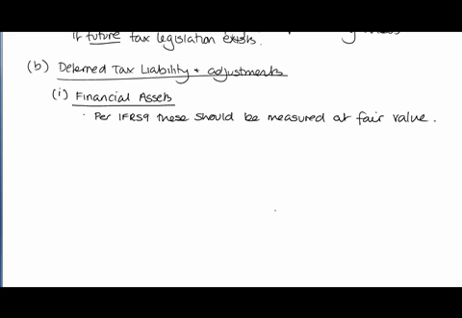Now, in our statement of financial position, we're showing them at cost. So we should debit financial asset, and we're told the market value is 10.5 million.